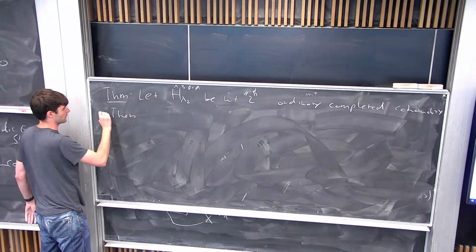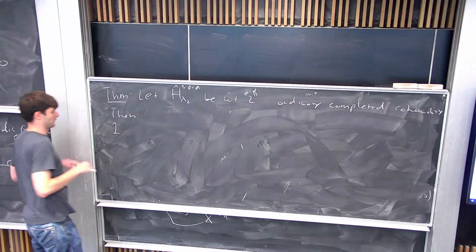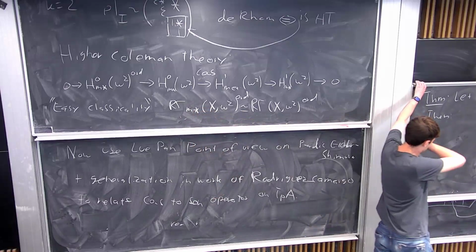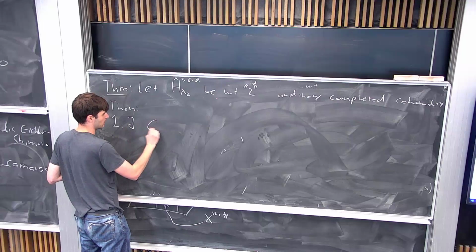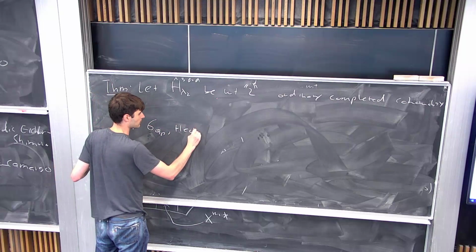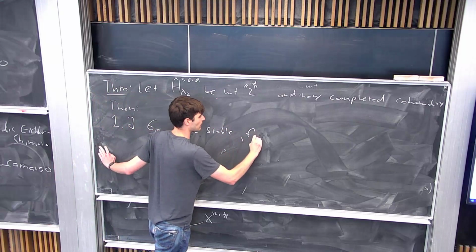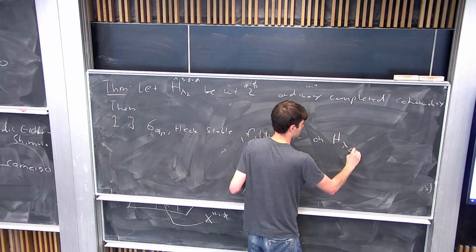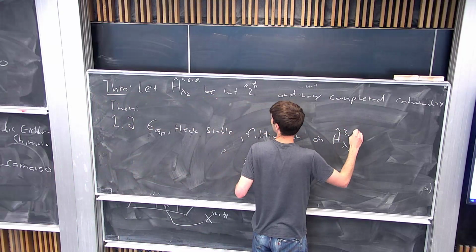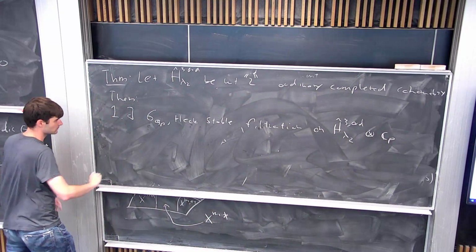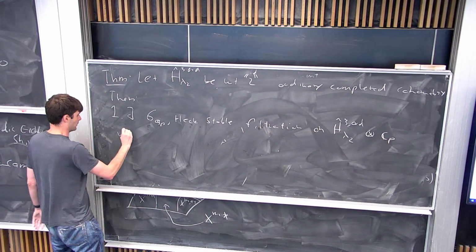Then there's sort of two statements. First of all, there's an Eichler-Shimura decomposition in the sense of Louis Pon, which is that there exists a G_Qp and Hecke-stable filtration on ordinary completed cohomology where the graded pieces are exactly the spaces of ordinary p-adic modular forms.